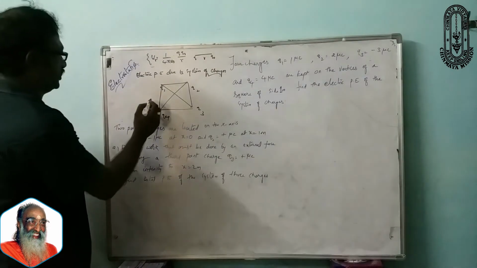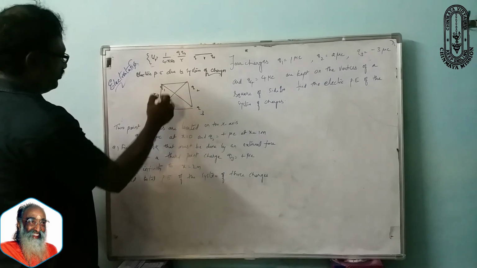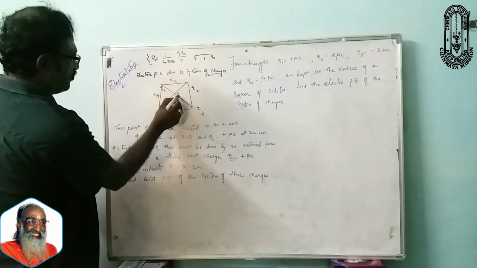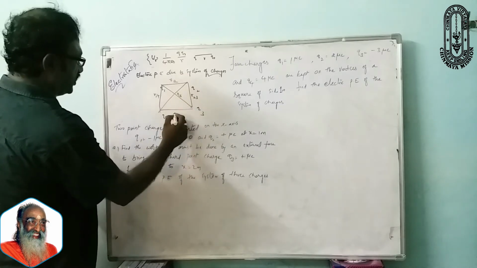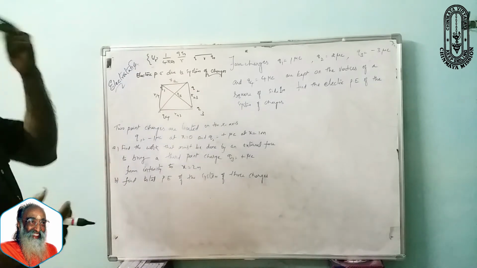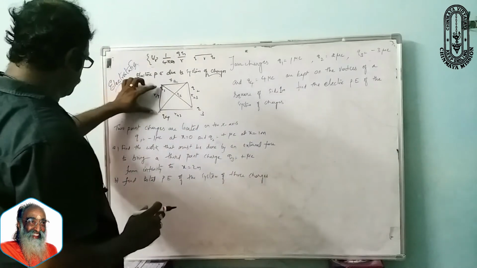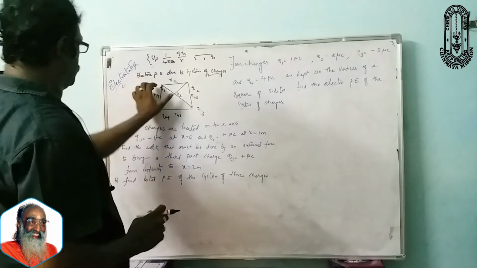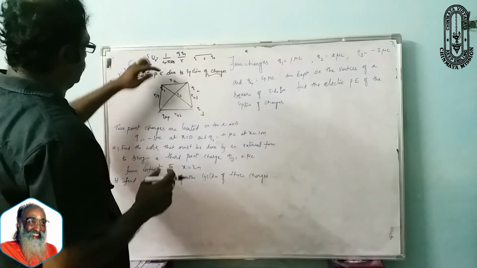Suppose you name them R14 between 1 and 4, R12 between 1 and 2, R13 between 1 and 3, R23 between 2 and 3, R43 between 4 and 3. After knowing this, now we can go easily. First find between Q1 and Q2, Q1 and Q3, Q1 and Q4, and then come to Q2.